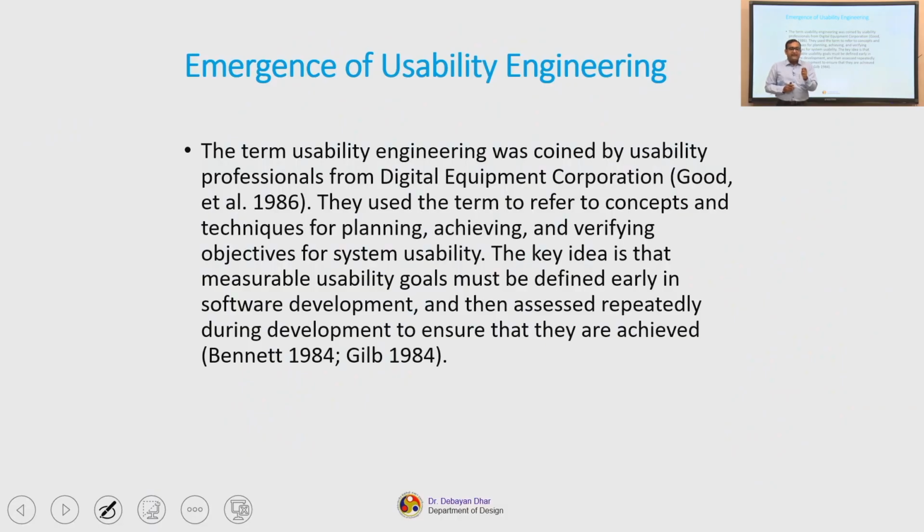The key idea here is that measurable usability goals must be defined early in software development, because this would ensure that features or the software products are designed so as to ensure that the requirements of your end users are met.